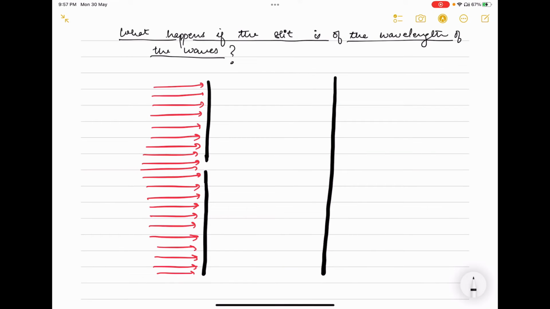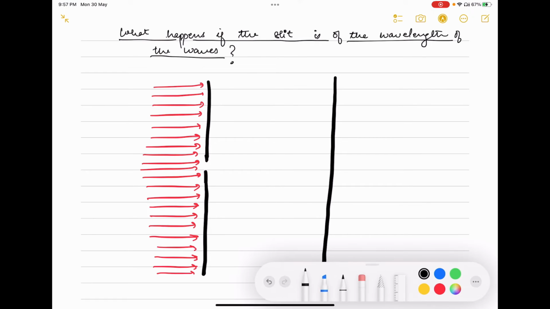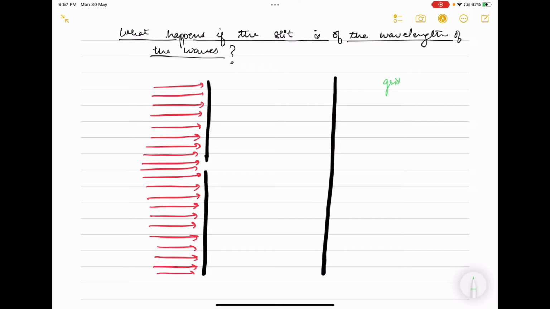So here now the grid spacing is of the order of wavelength of the wave. So this spacing of the grid is almost equal to the wavelength. So now we'll have intensities such that we'll get a peak. This is 0.